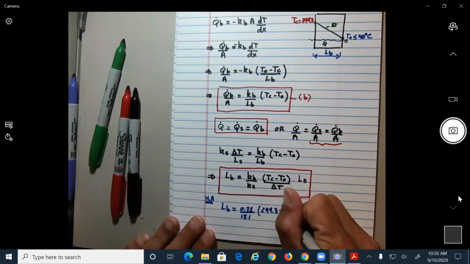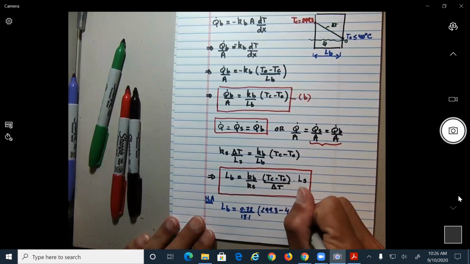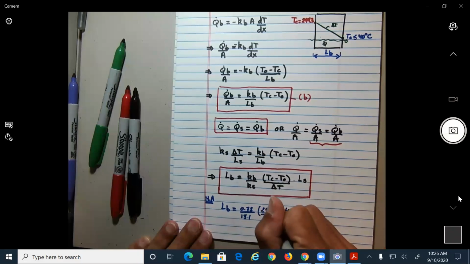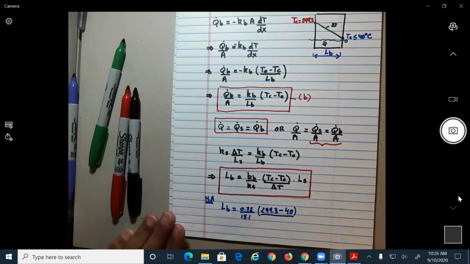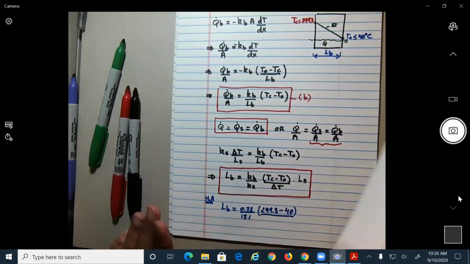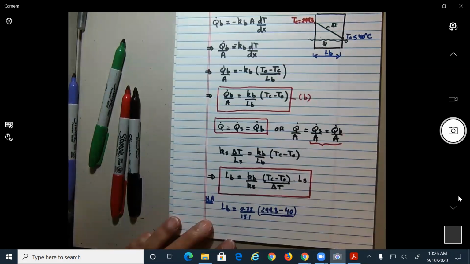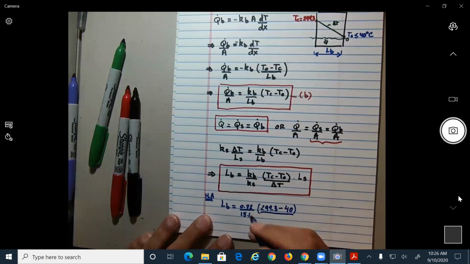Be careful here because I'm doing something which is correct, but we need to talk about it in a second. And this delta T represents the change in temperature that was going through the steel, no? We know that one is equal to 0.7.